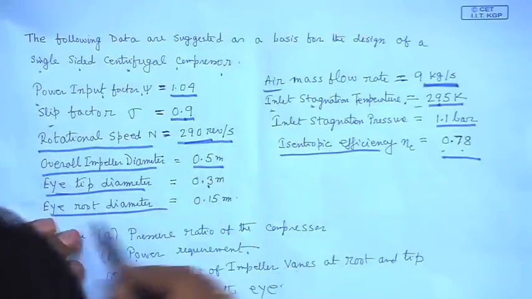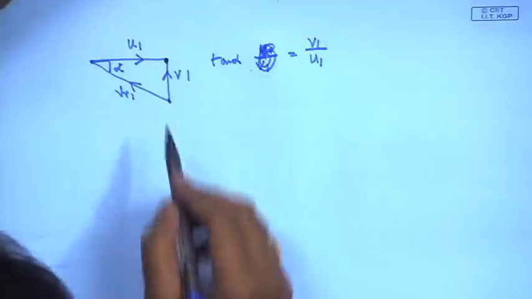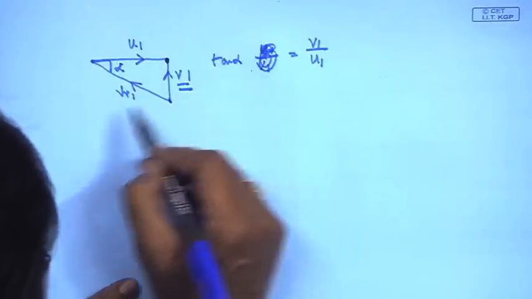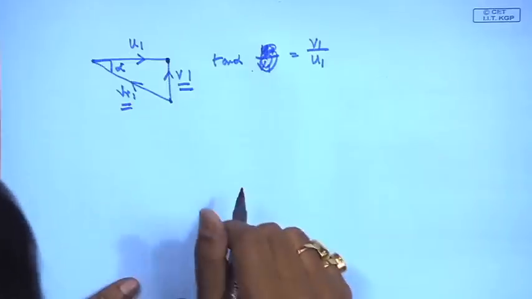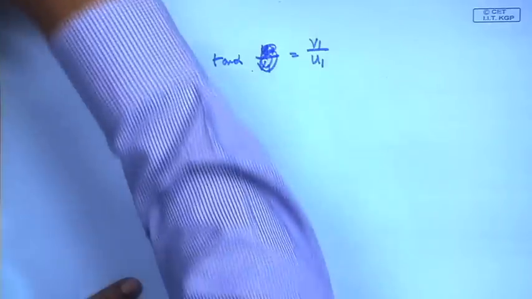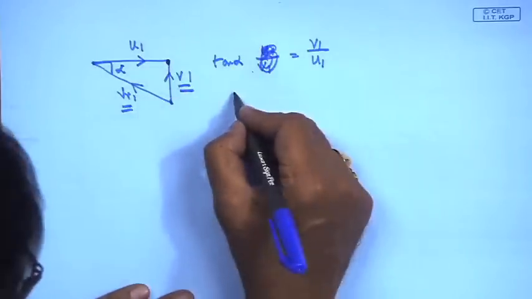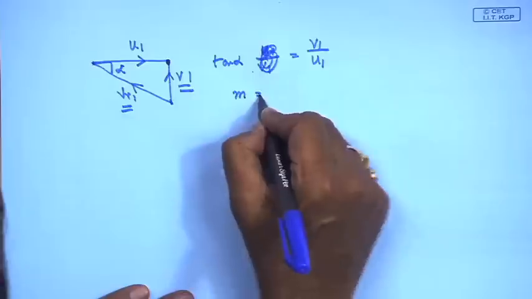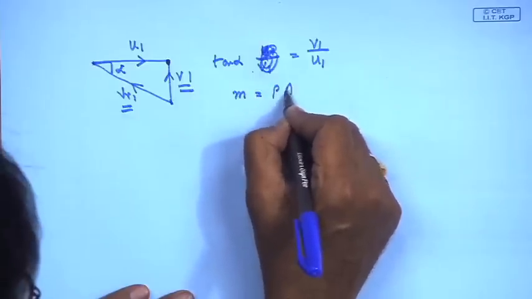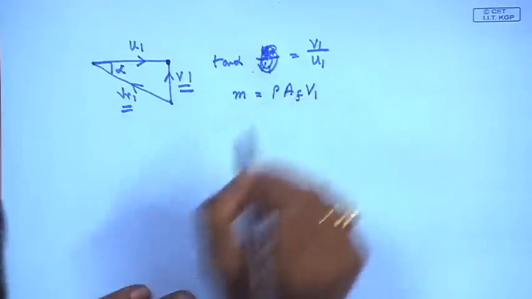I know the tip diameter, I know the root diameter, but here I know neither V1 nor VR1. So how can I find out? This type of problem is based on a trial. What trial? How to find out V1? V1 is not known. Now if you see from the mass flow rate basis, mass flow rate is given by rho AF V1.